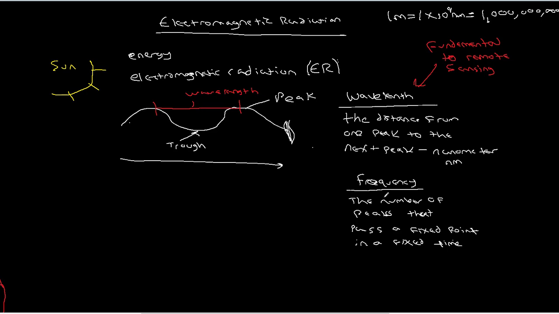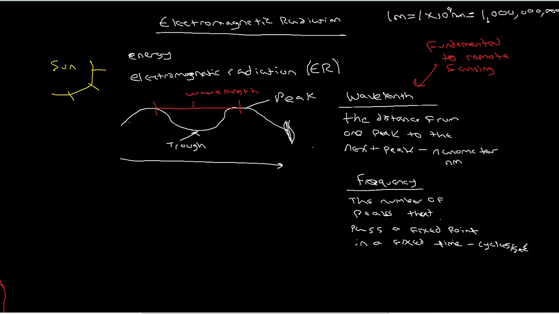So next we have this idea of frequency, the number of peaks that pass by a fixed point in a fixed time. Well, the units here are usually given in terms of cycles per second. That would make sense, right? A peak passing a point would be a cycle over a fixed period of time measured in seconds.